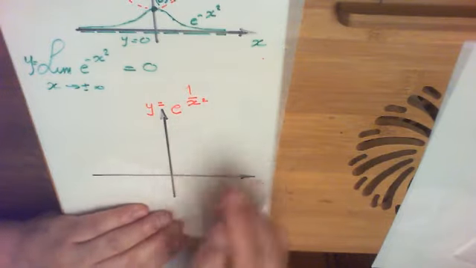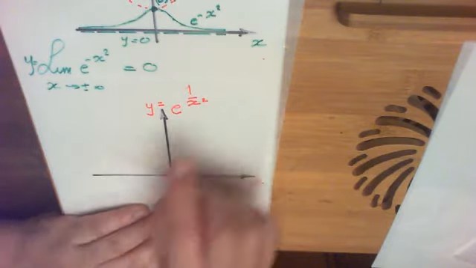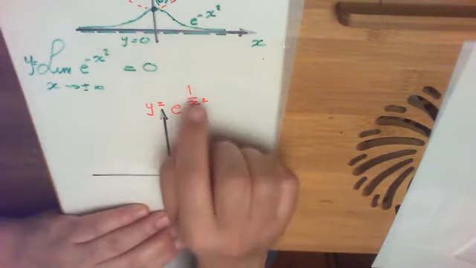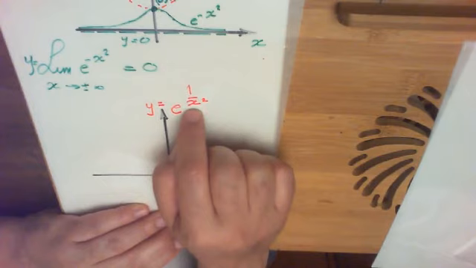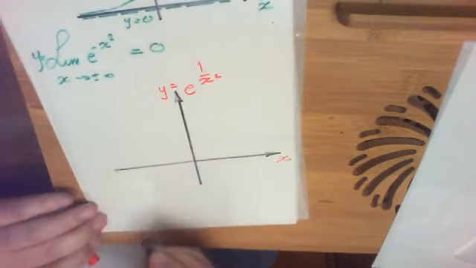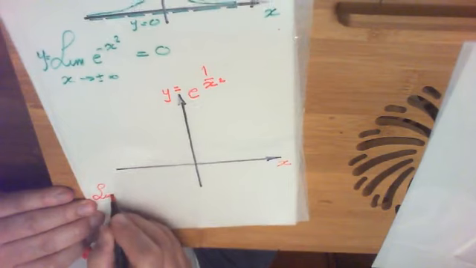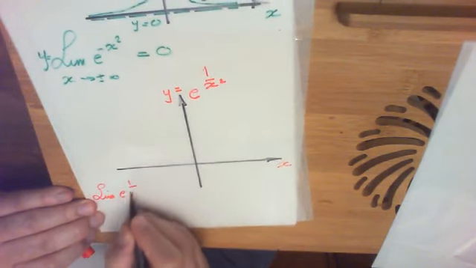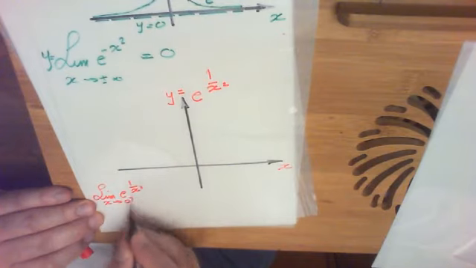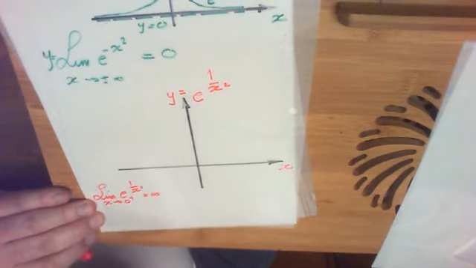Just after 0, we have positive values. 1 over 0 is infinity. So at 0 plus, this function goes to infinity. Limit of e to 1 over x squared as x approaches 0 plus is infinity.